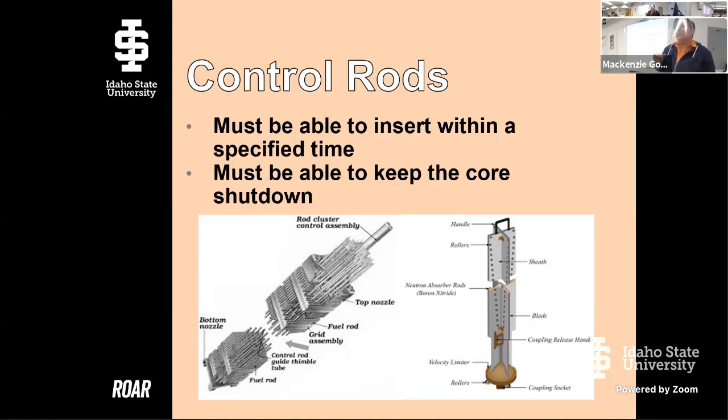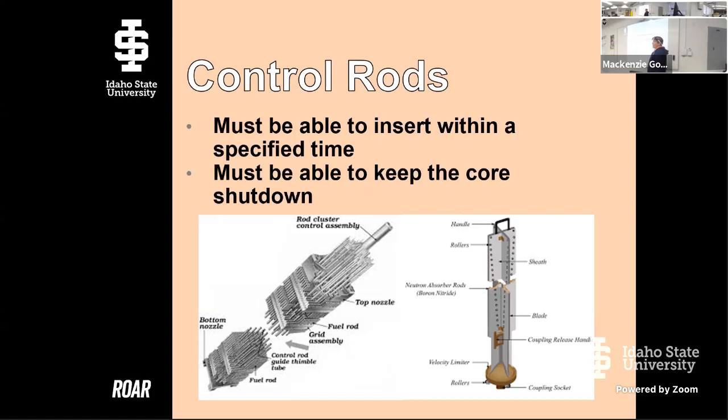Then, once you get them in your core, you also have to be able to certify that they will stay in the core and maintain shutdown. And you usually have to do the calculation, the engineers have to do the calculation to show that this design works, even if the most worth core control rod is stuck out of the core. This is called the stuck rod criterion.